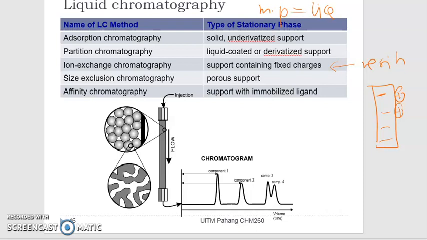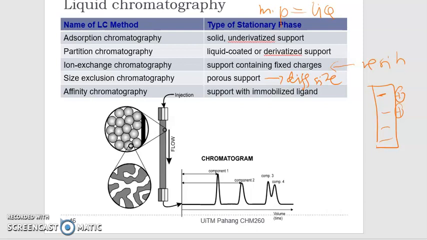And then we have size exclusion chromatography. We use it for sample that is high molecular weight, yang besar. So high molecular weight or different size and different shape, so that it can be excluded or separated based on the porous support. So we are going to have porous support with different size.